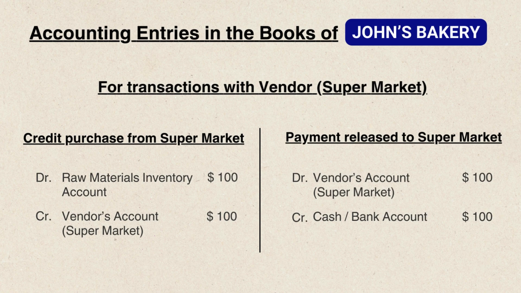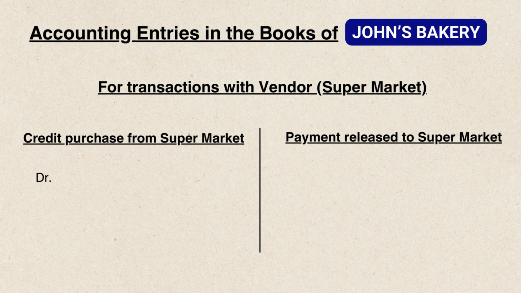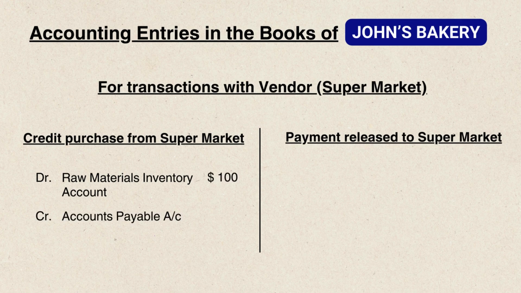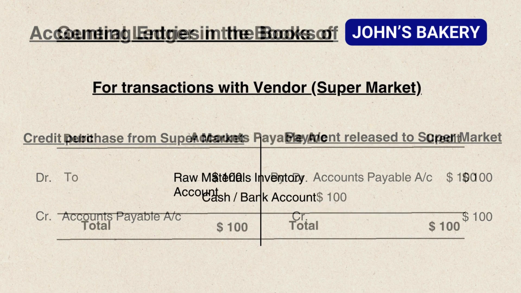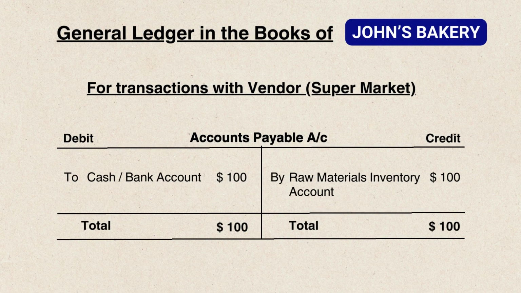The same entries can also be shown as debit raw materials inventory account, $100 and credit accounts payable, $100. For payment released, debit accounts payable $100 and credit cash or bank account, $100. Ledger postings for accounts payable in the books of John's bakery will look like these.